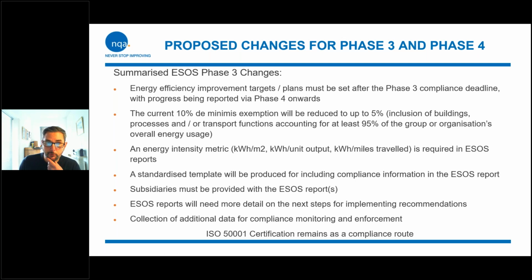It's not formal yet because the government haven't produced guidance, but we know from the outputs from the consultation process that the de minimis will change from 10 to 5% for Phase 3. So we can await the government confirmation on that, but it's an output of the consultation process, so we can be almost certain that that will be the case for the current phase.